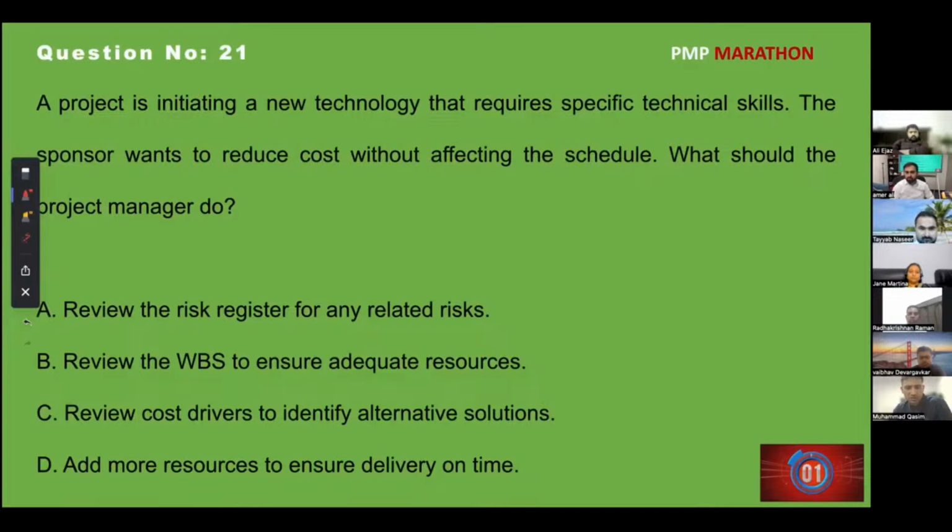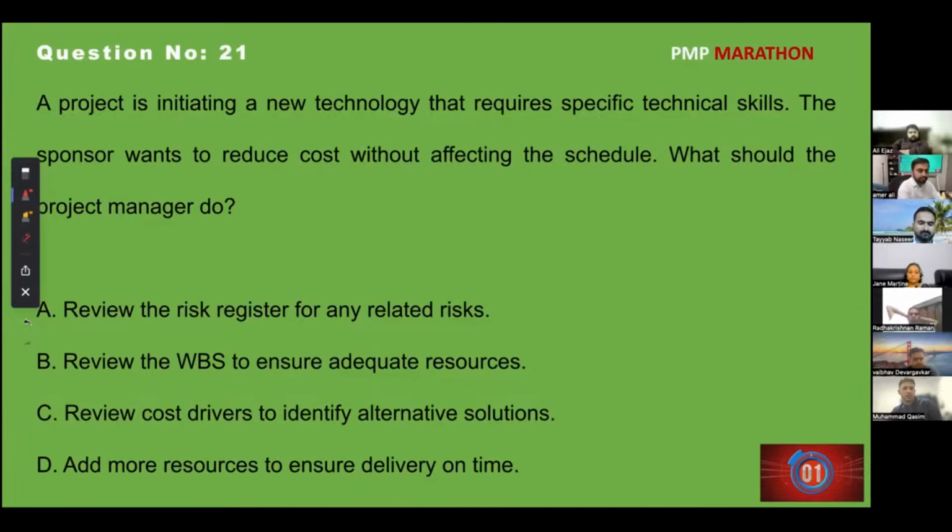What, D? Adding more resources will cost money. Review the risk register for any related risk. Okay, not bad. B is not bad, but C is the best option here. No, no, no, ensuring adequate resources has nothing to do with the money. The sponsor wants to reduce cost.